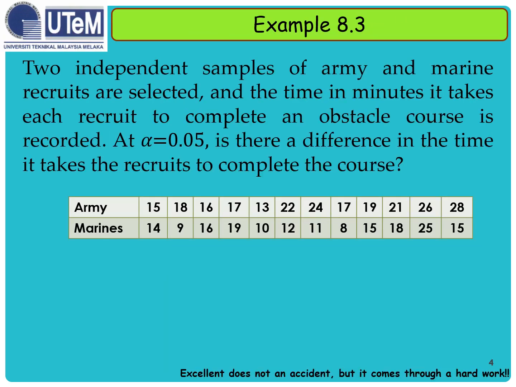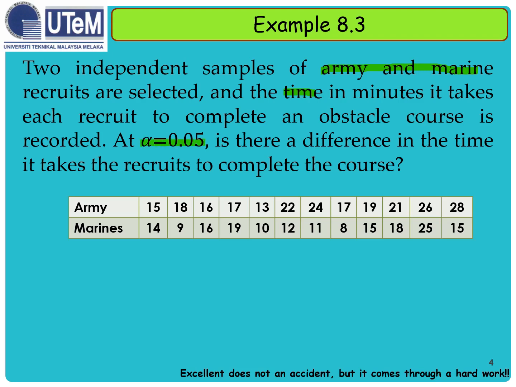So let's go to the first example on Mann-Whitney. Given Army and Marine groups, you want to check whether there is any difference between the two groups in the time to finish each recruit course.